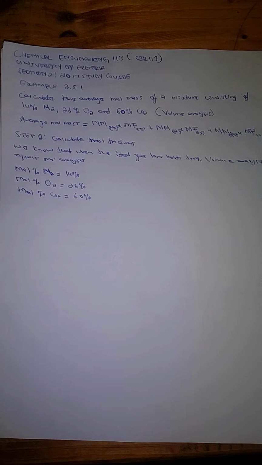So the volume analysis equals the mole analysis when the ideal gas law holds true, and we already know that in CIR 113, our assumption is that the ideal gas law holds true. So, continuing with the question.